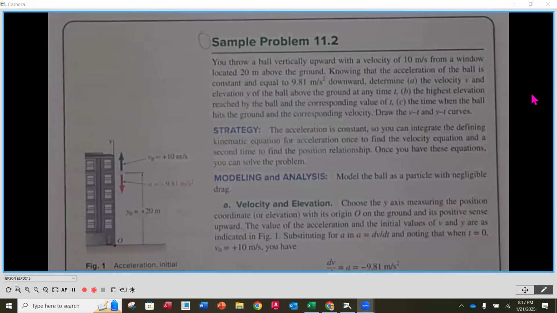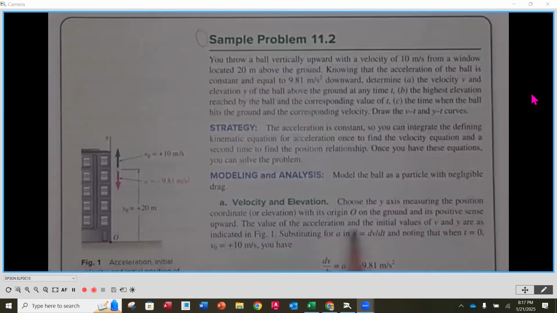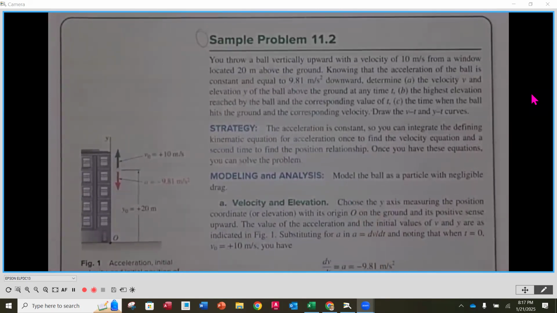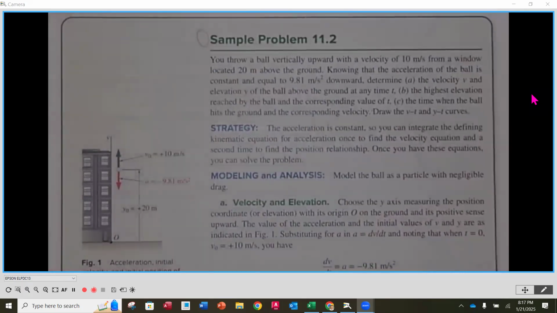Okay. So first of all, what we want to do is model the ball. And what it's telling us about the ball, first of all, is that it has constant acceleration. Now, if you recall, in the second section that we looked at, it said a lot of times we're given as a definition of the motion, we start at the acceleration level as opposed to the distance level or the position level.